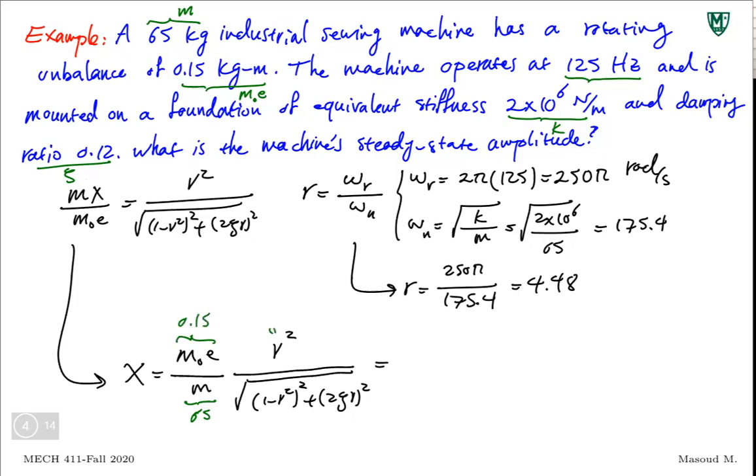We know R, we found that as 4.48. And zeta is directly given in the problem statement. If you plug in these values and convert the unit, you're going to get 2.43 millimeters. The output of this equation obviously is meter, but this is going to be the value in millimeters. So that's the steady state. That's what we were looking for.